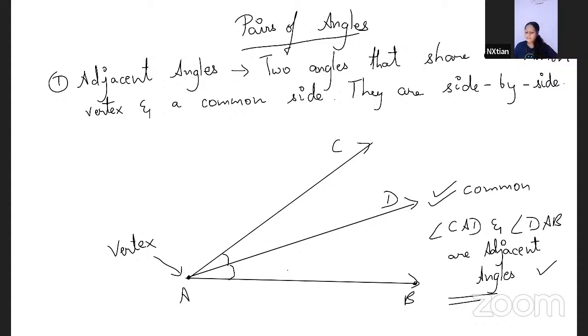So next we will see complementary angles. Complementary angles add up to 90.